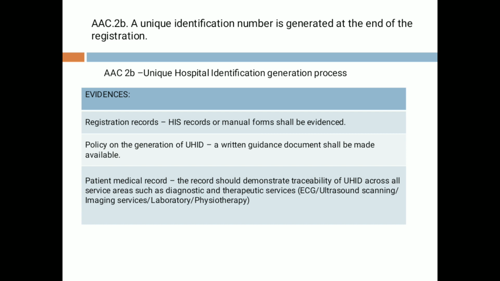Evidences are registration records, HIS records or manual forms, and an SOP on the generation of UHID. Patient medical record should demonstrate traceability of UHID across all service areas such as diagnostic and therapeutic services.